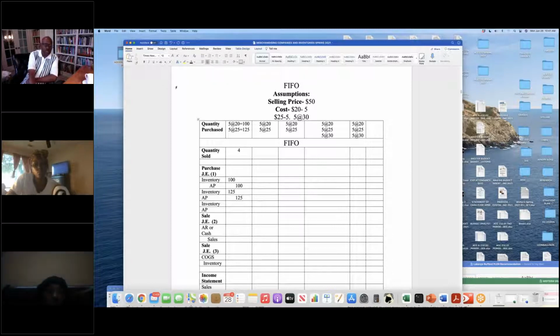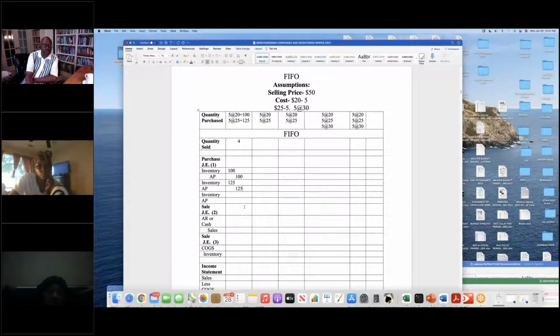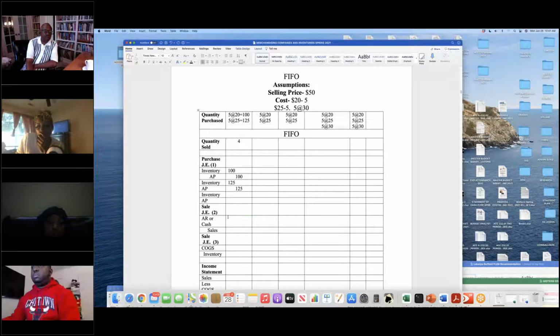So we had two purchases. We bought 5 at 20, 5 at 25. Then we're selling what? 4 pairs of shoes at 50. So we sell 4 pairs of shoes at 50. What's our sales journal entry going to be? 200.